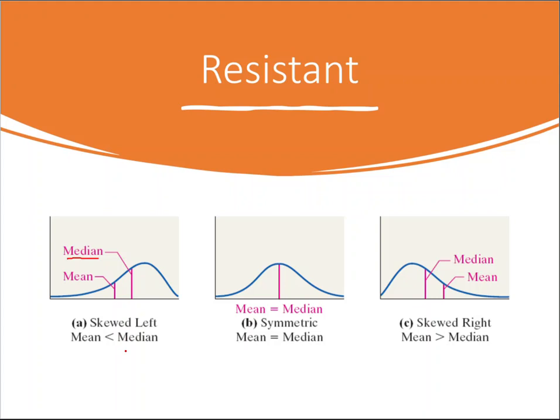When we have skewed left data, notice that the mean is less than the median. As I've stated before, the mean is going to pull towards the tail, so that means the mean will be smaller and therefore less than the median here. When we have symmetric data, like you see here in the center graph, we end up with a mean that is equal to the median.